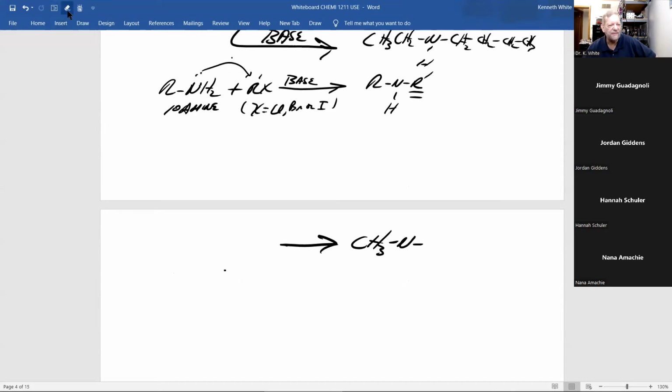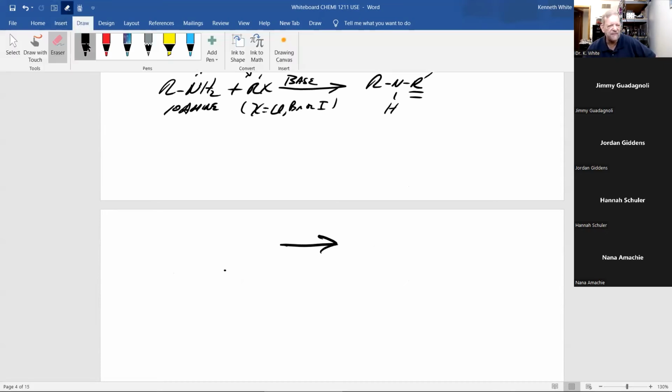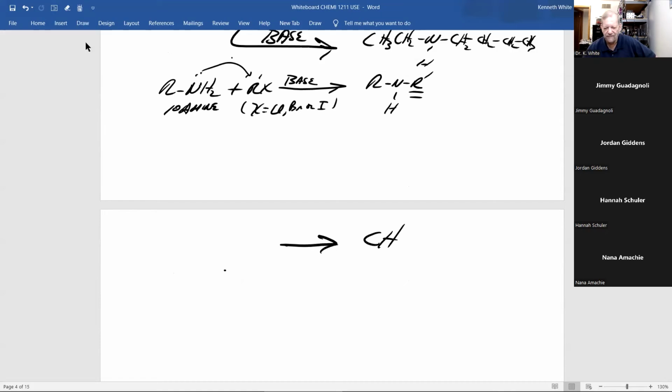Hold on, I just thought of something that I should do. The question is, what two things do you react to make this molecule?